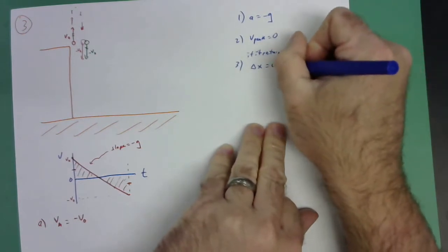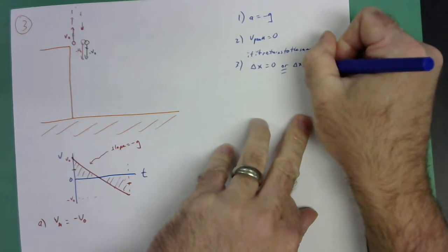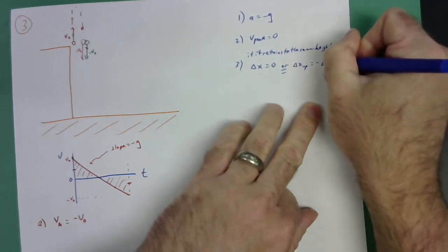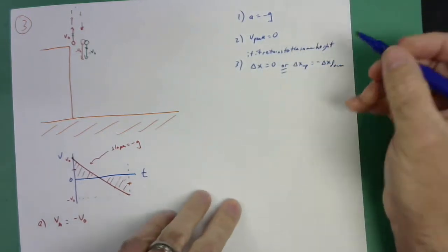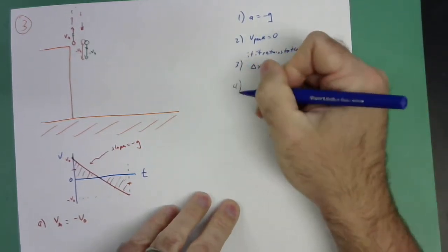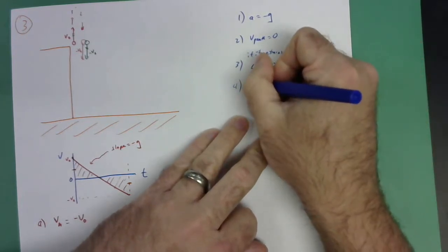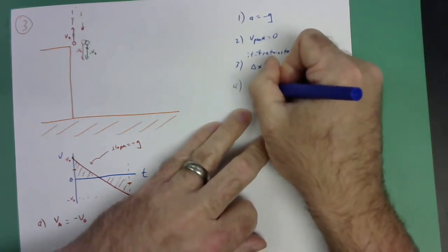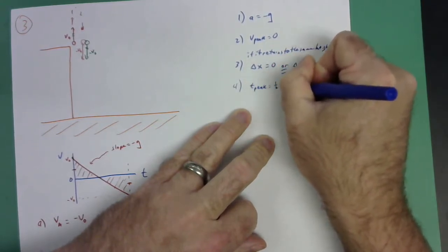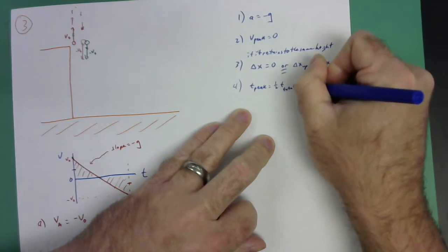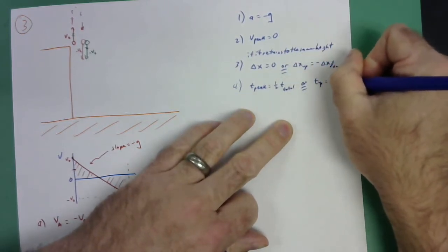Or you could say that the delta x up is equal but opposite to the delta x on the way back down. If it returns back to where it came from, the total displacement has got to be 0. And then 4, we remember that the time to the peak is half of the total time for it to go up and down. Or you could say that the time up is equal to the time down.